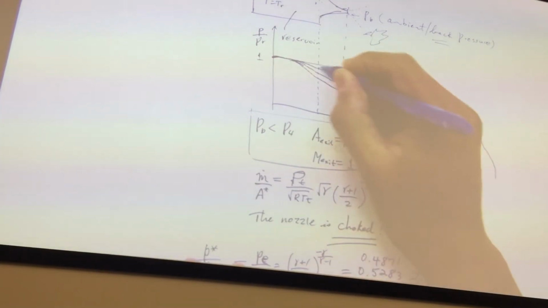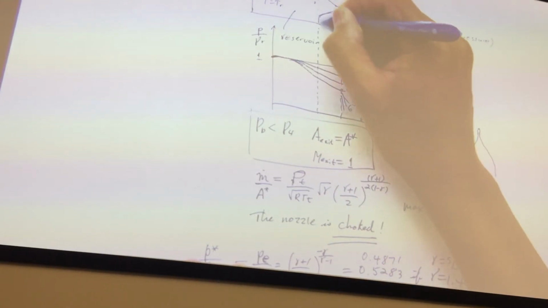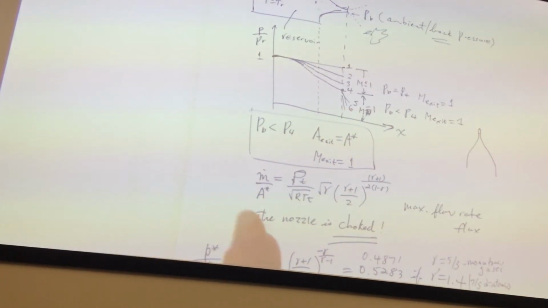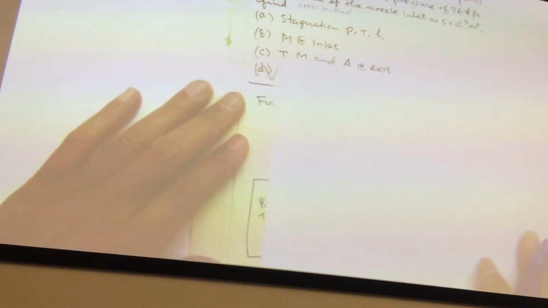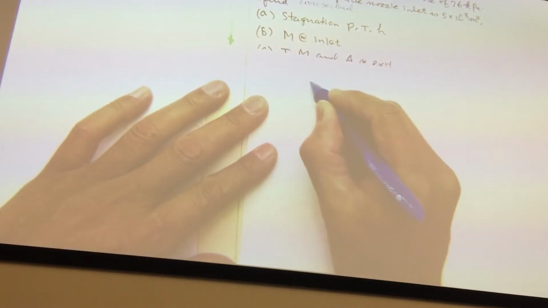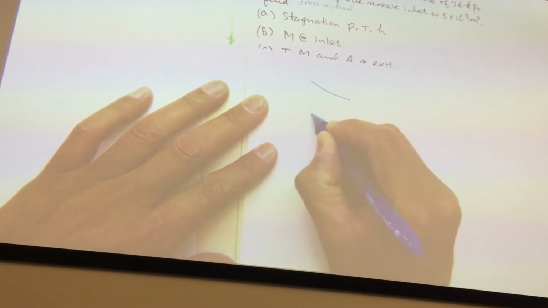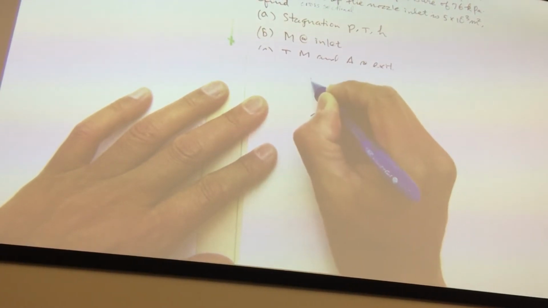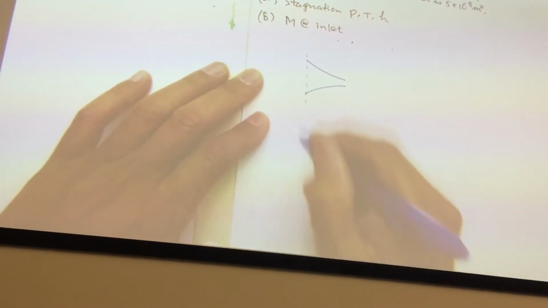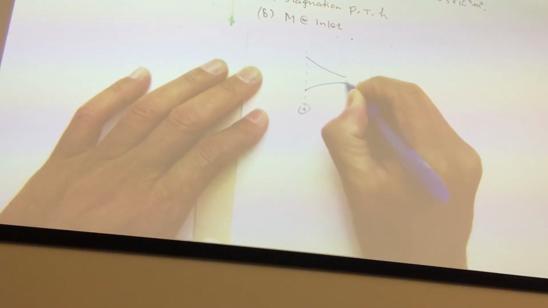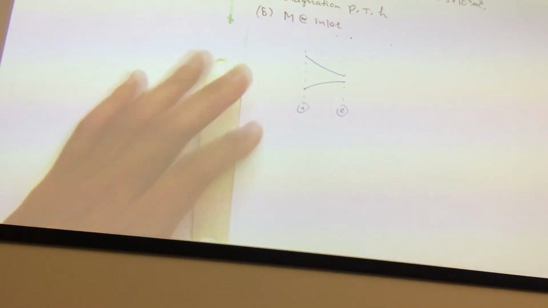So, at this point, at the inlet of the nozzle, you already have some velocity. So, for the purpose of this problem, let's just draw it like this. You call this location 1, if you want. I'll call this location inlet, and you call this location exit.